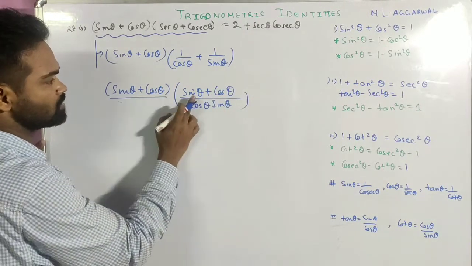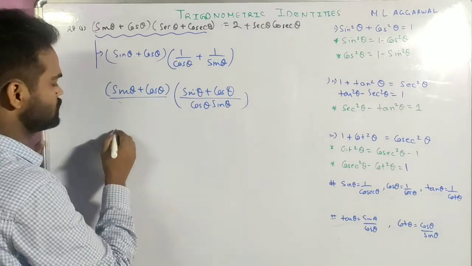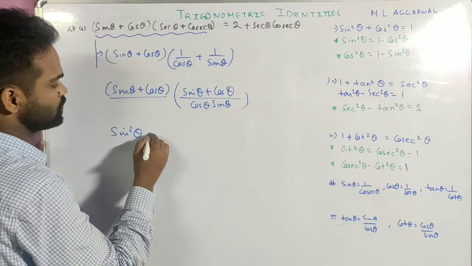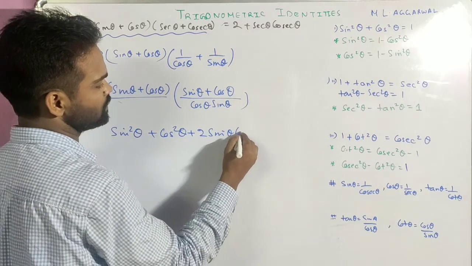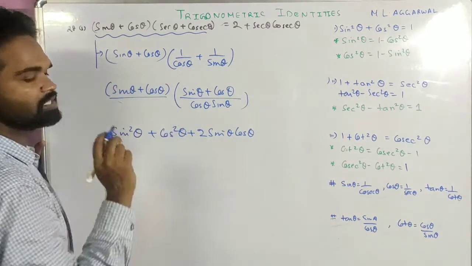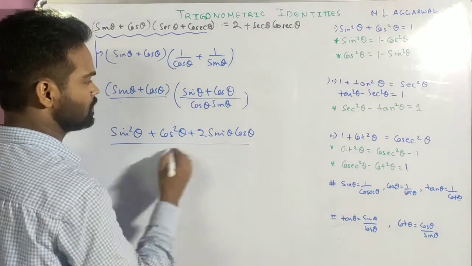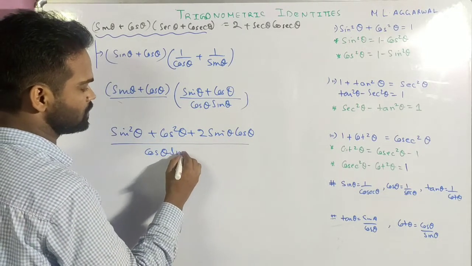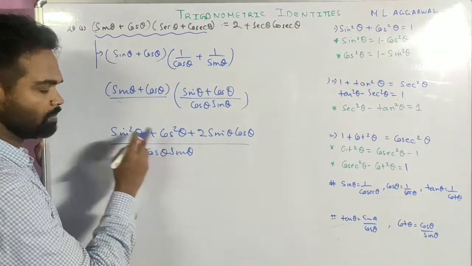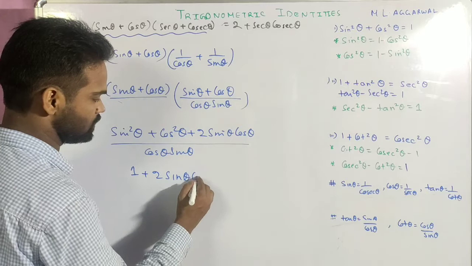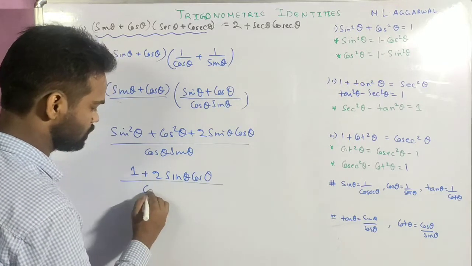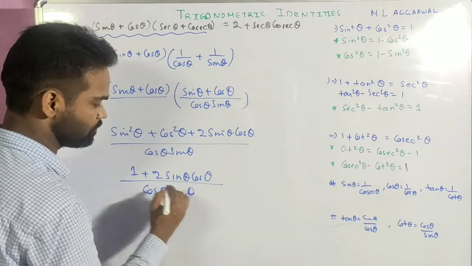Now sin theta plus cos theta, sin theta plus cos theta, multiply these two. So you'll get sin square theta plus cos square theta plus twice sin theta cos theta, because that's a plus b whole square, by cos theta sin theta. Sin square theta plus cos square theta is 1. So that becomes 1 plus 2 sin theta cos theta by cos theta sin theta.